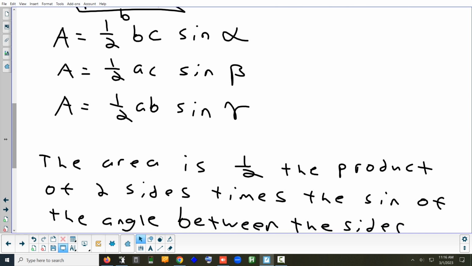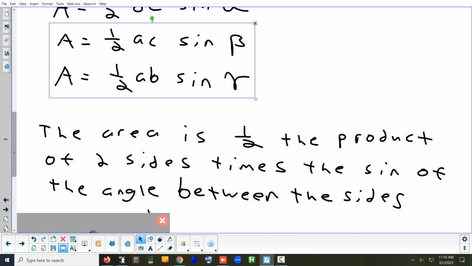And the pattern is 1/2 the product of any two sides you want, times the sine of the angle that is between those sides. So for this formula, it applies to a side angle side triangle. That's where you use this.